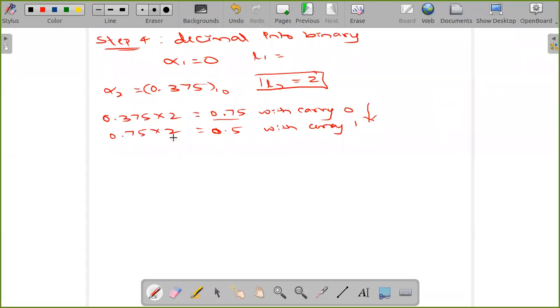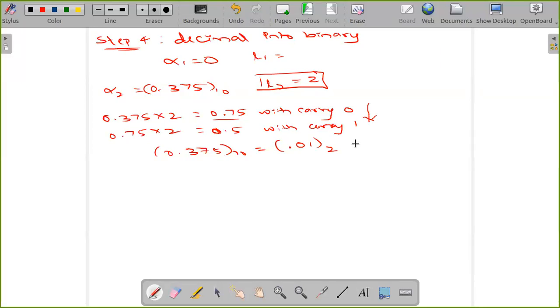Now I want to convert this value from decimal into binary. How has it to be written? The point can be written, and it is 0, 1, converted into binary, because I want only 2 bits. For that reason I have stopped here itself.